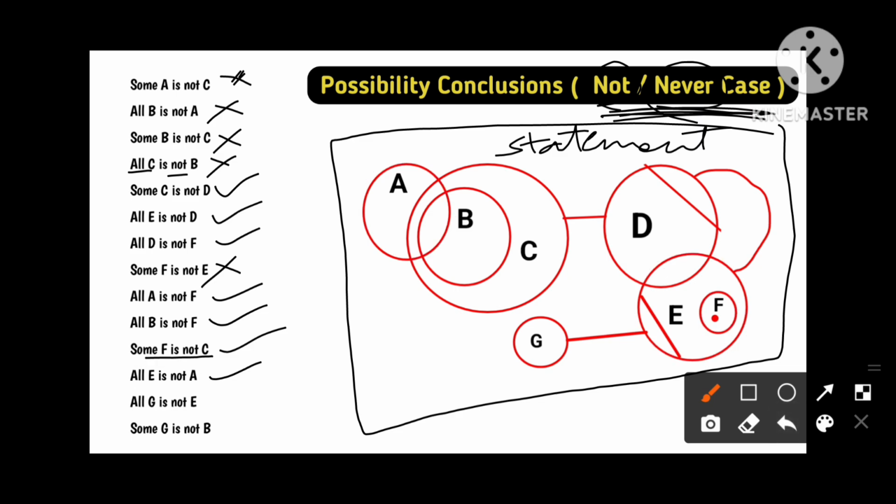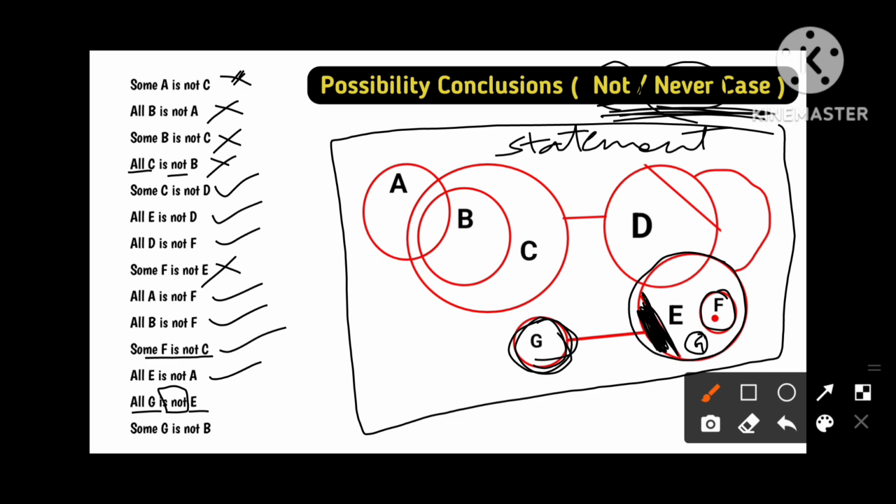Next one. Let's see with the basic traditional method. If we see not, we check all G is A. Can we place all G inside E? Is it possible or not? Even though some part of E doesn't share with G, we can place all G inside E like this, if we place G here without sharing F and this part.